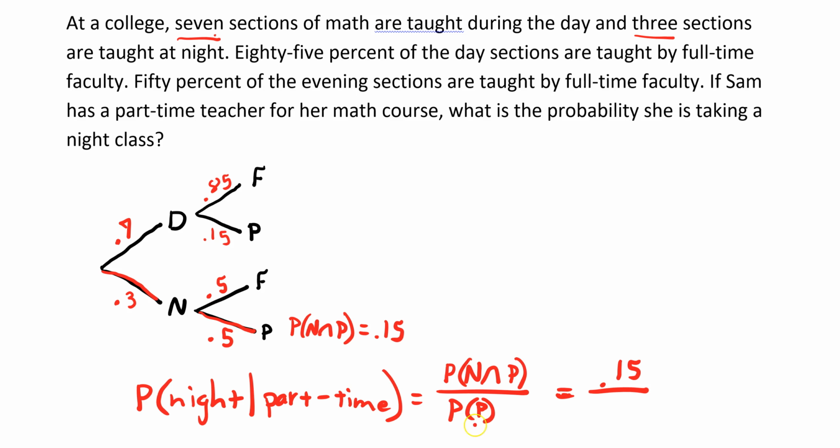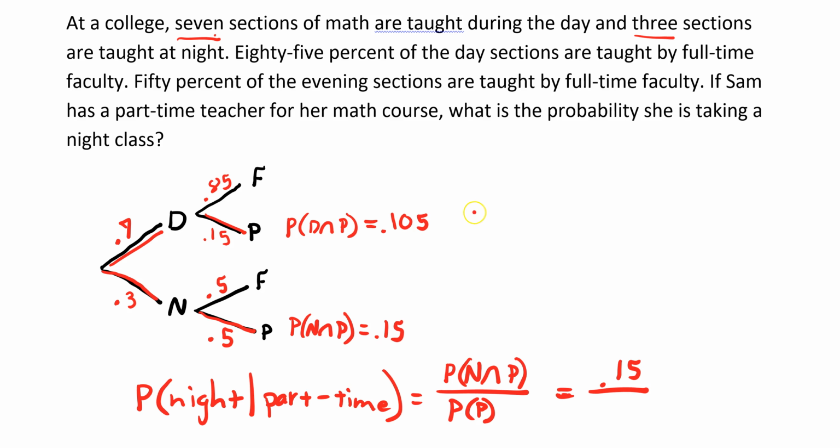To calculate the probability of part-time, I need to notice that part-time occurs in 2 locations on my tree. So I also need to know the probability of day intersecting with part-time. So 0.7 multiplied with 0.15 is 0.105.